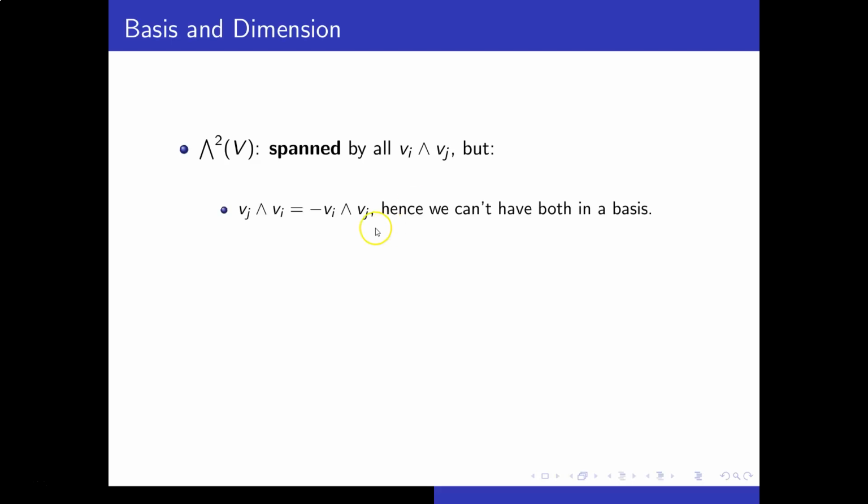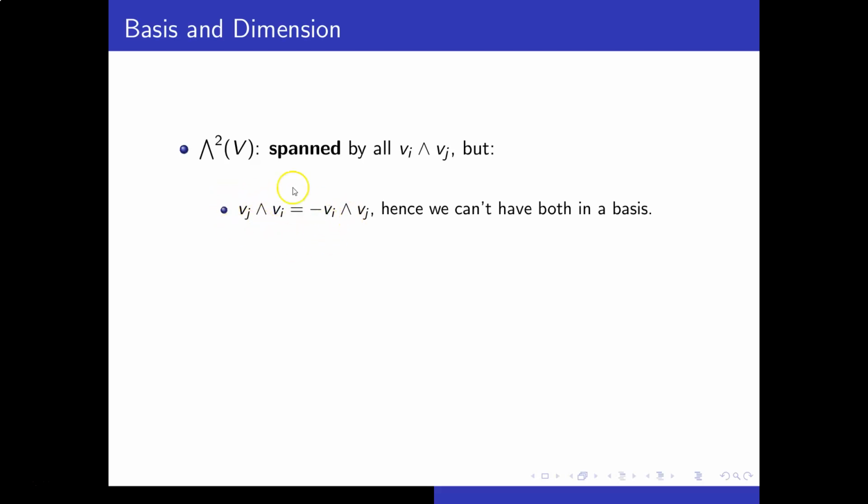In particular, for the tensor power, Vi tensor Vj and Vj tensor Vi are linearly independent vectors. They are different. But that's no longer true here. These vectors are not linearly independent. Reversing the order on the wedge just induces a negative.